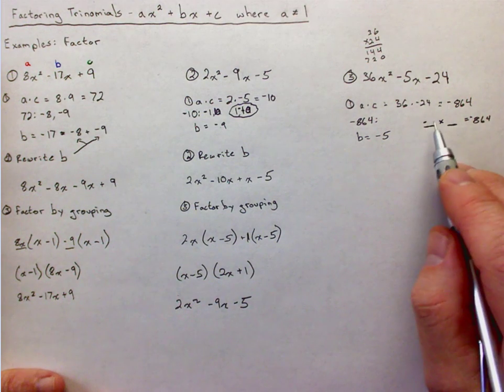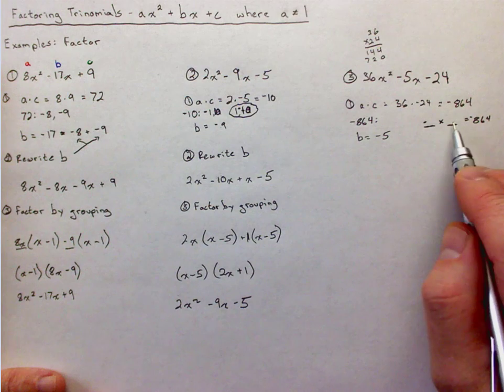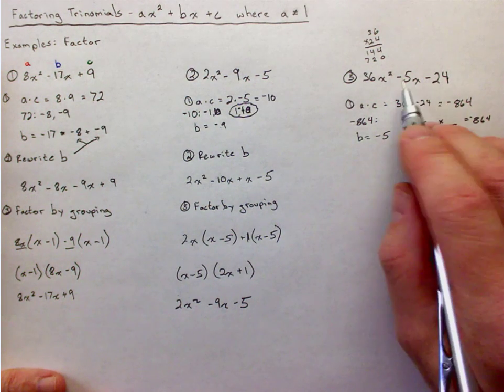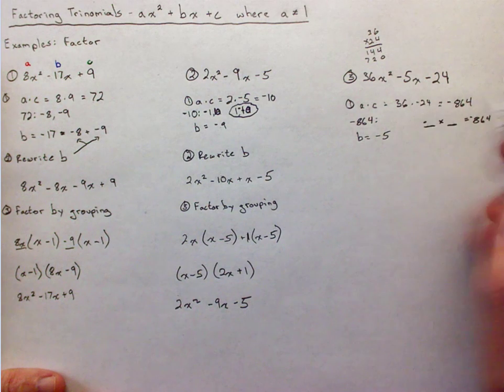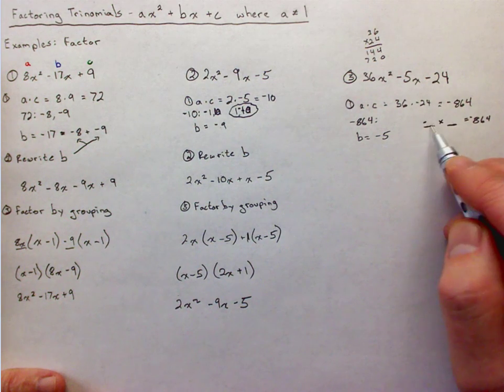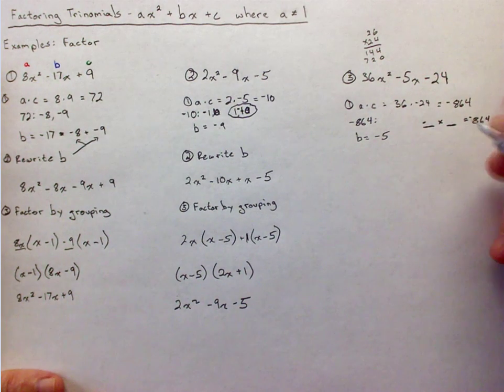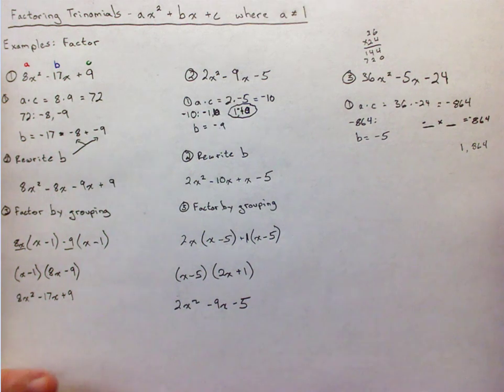But I know these numbers both need to be close to each other. Whenever I add them together, I'm going to get a negative 5. So this one needs to be 5 units more than this one. So right off the bat, I don't even need to worry about writing down 1 and 864. What I need to do is find two numbers that are very close to each other.